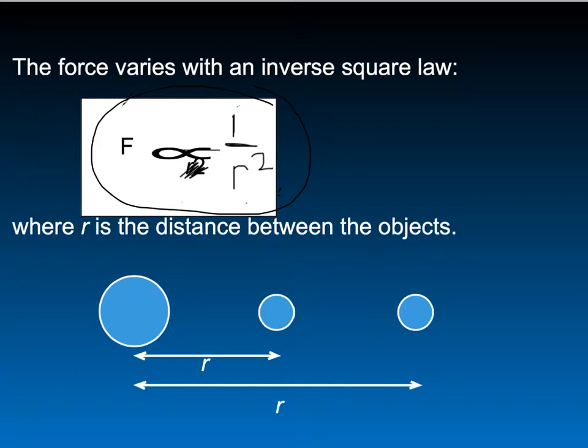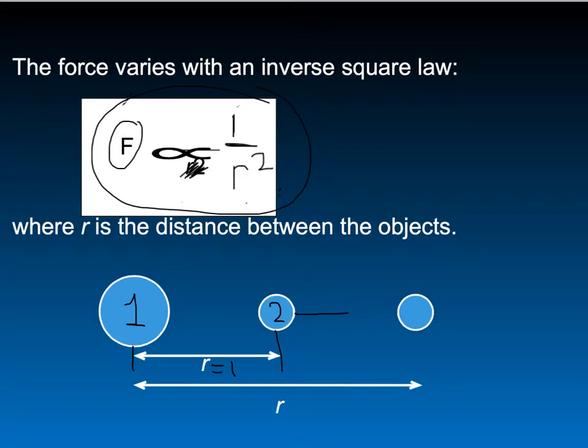What it means is that the gravitational force of attraction is proportional to 1 divided by the distance between the objects squared. So I look here. I've got my two objects, object 1 and object 2. They are a certain distance apart from each other. I'm going to make that r equal to 1.